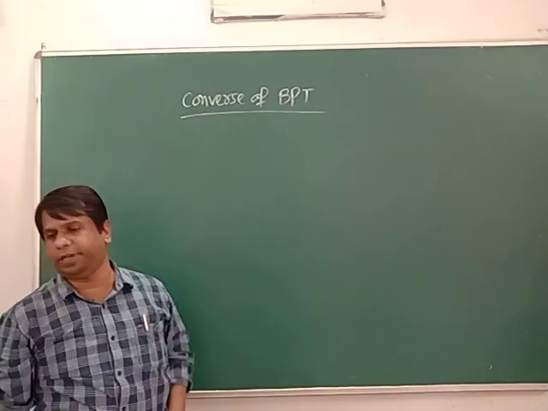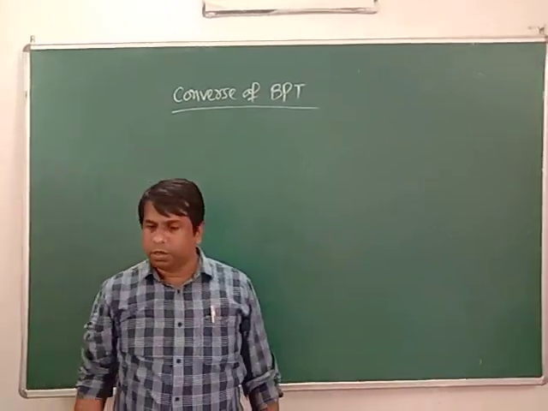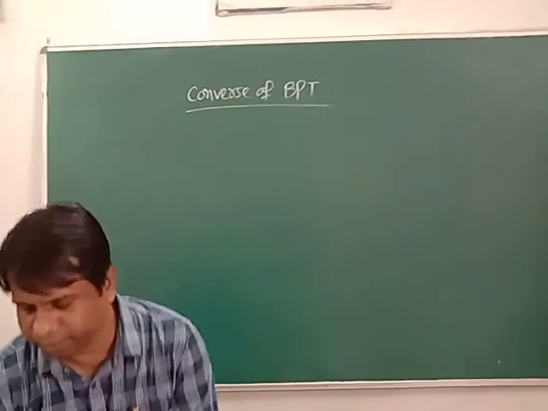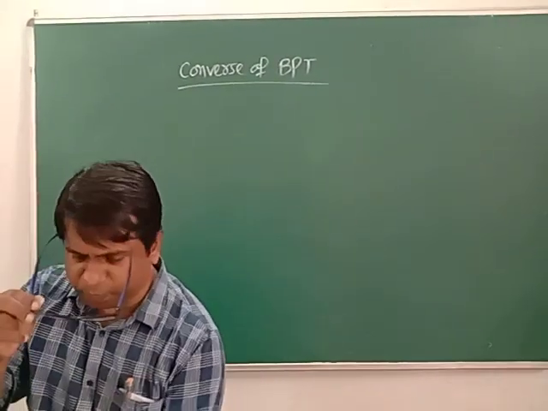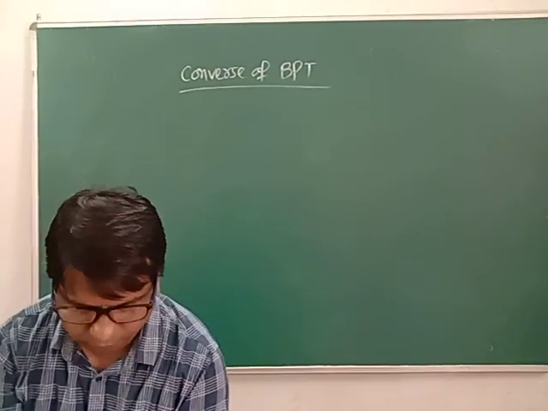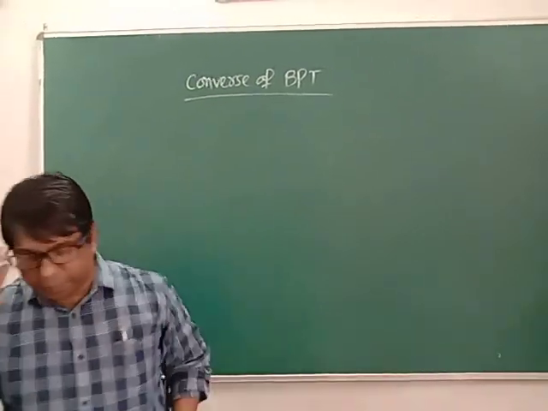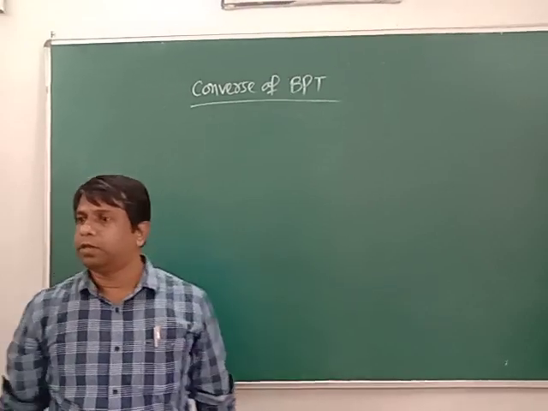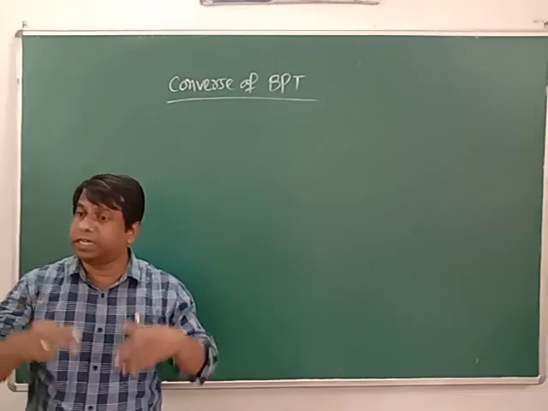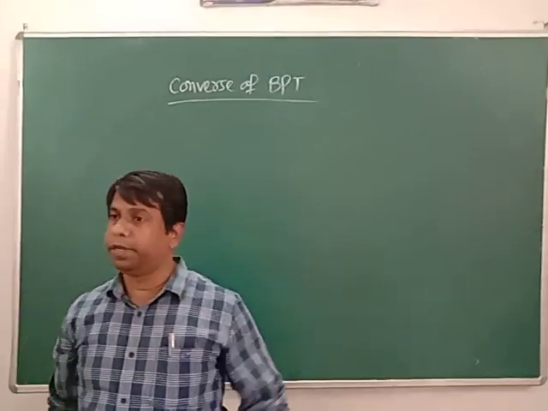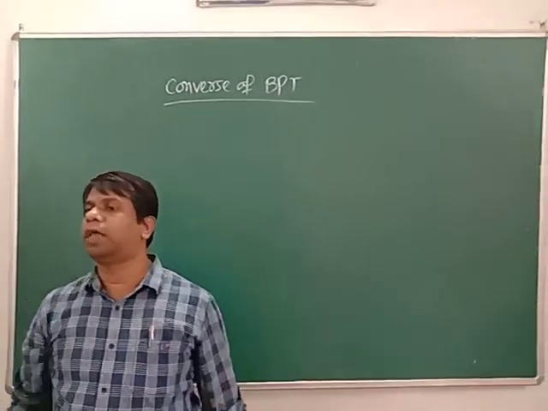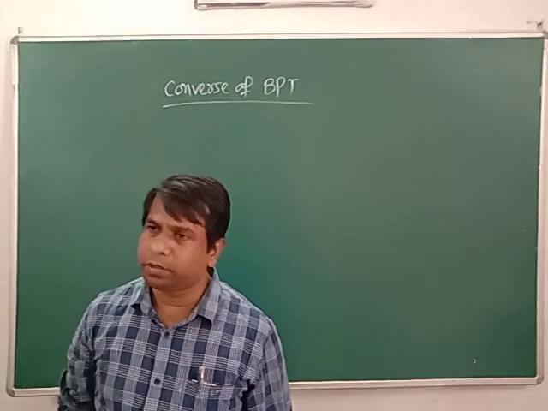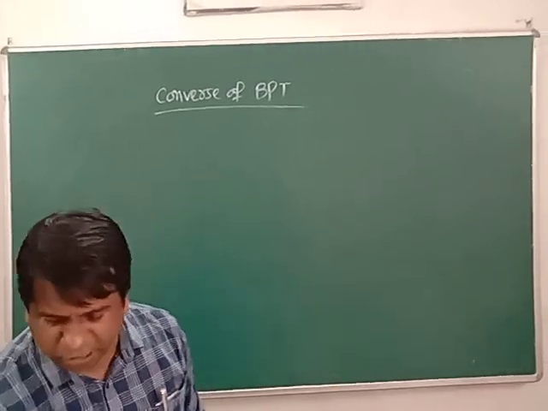This is called BPT, basic proportionality theorem. So what can be its statement? Can anyone say what can be the statement of the converse of the basic proportionality theorem? In the basic proportionality theorem, it is given that a line is parallel to one side, but here you will be given the ratios are equal, but you have to prove that that line is parallel to that base. So what is the statement?